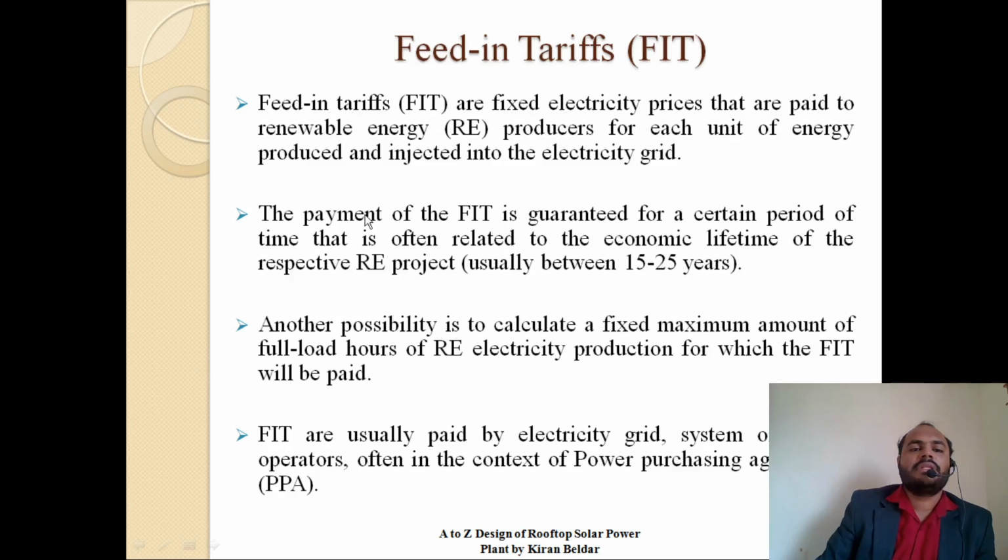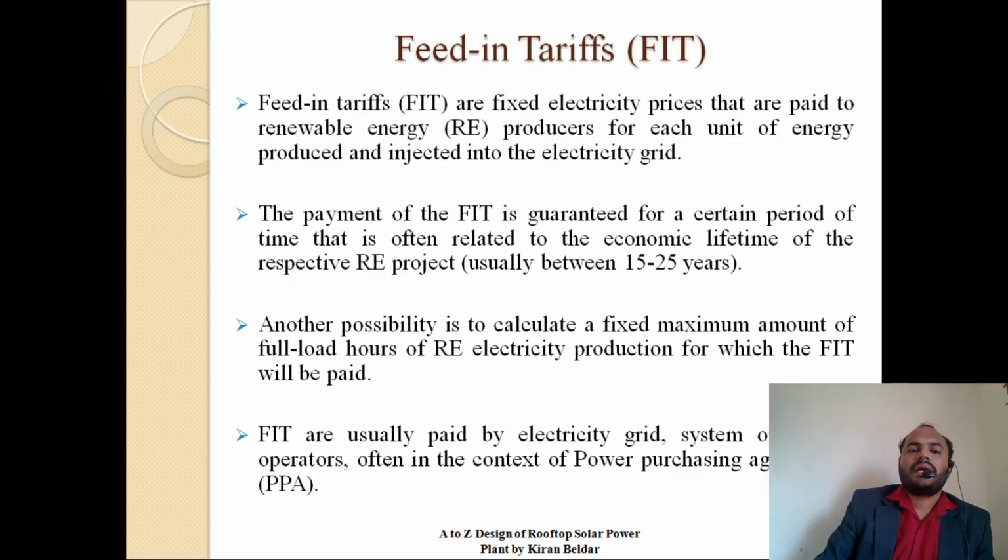One by one we will see the points to clarify the concept. Feed-in tariffs are fixed electricity prices that are paid to renewable energy producers for each unit of energy produced and injected into the electricity grid. For example, wind turbine power systems, solar systems, geothermal systems, these are the renewable energy sectors.